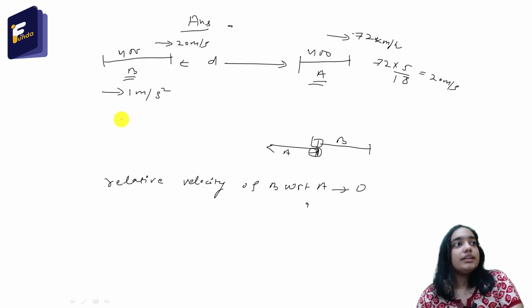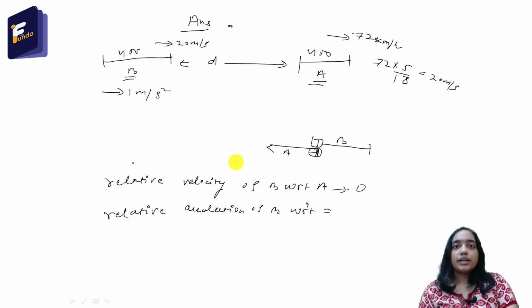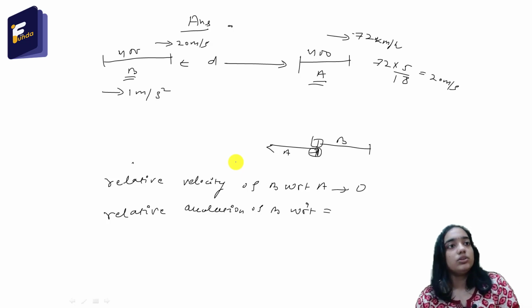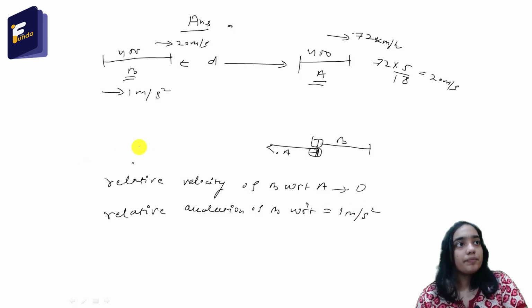And what is the relative acceleration of B with respect to A? It is b minus a, that is 1 meter per second square minus 0, that is 1 meter per second square.